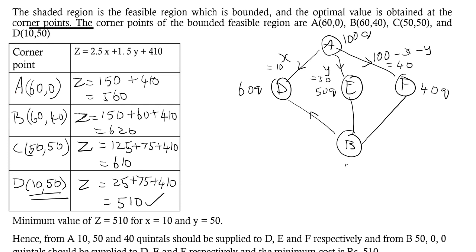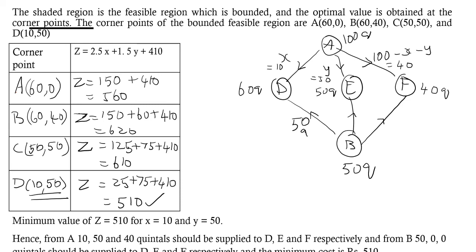The capacity of B is 50 quintals. So D is already getting 10 quintals from A. So its remaining requirement is only 50 quintals, which it has to get from B. That is 60 minus 10, it is 50.